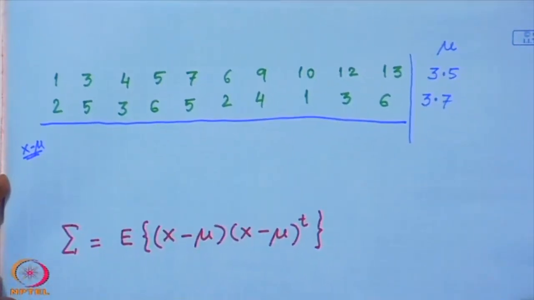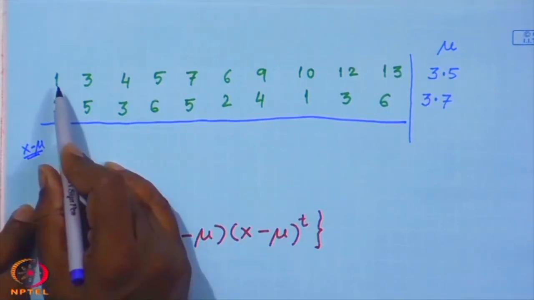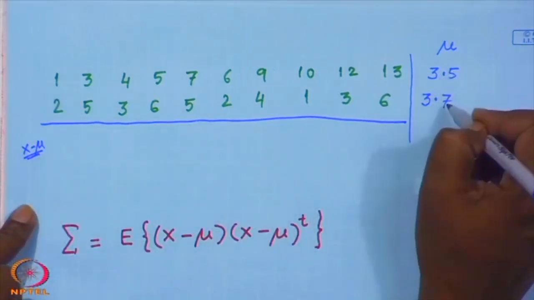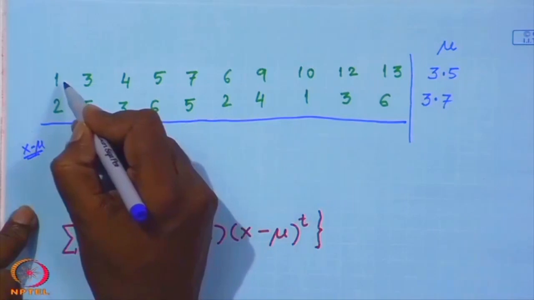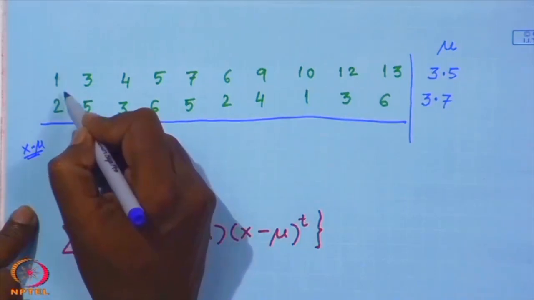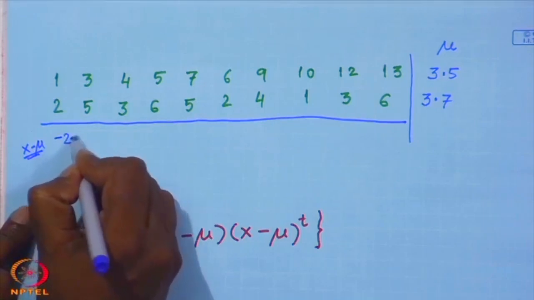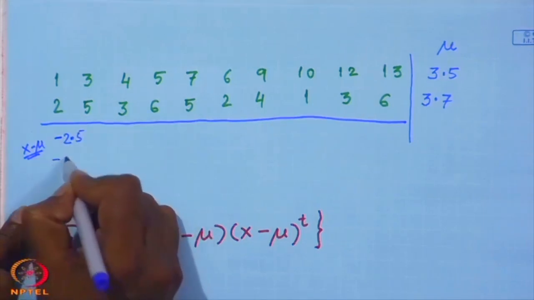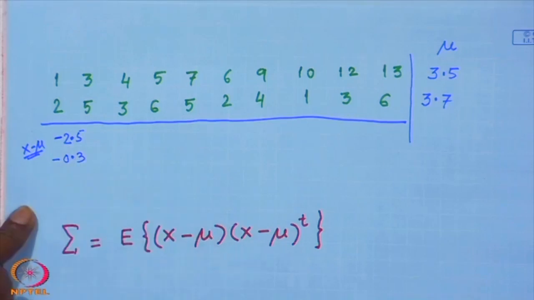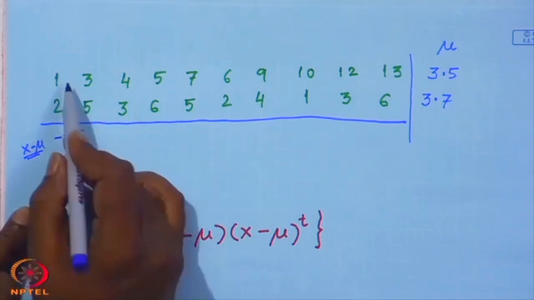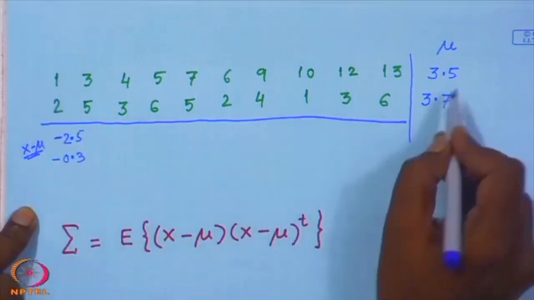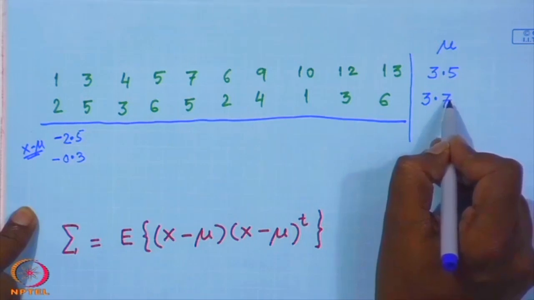So, here you find that when I subtract this mean vector mu from the first feature vector which is (1, 2), this will simply be (minus 2.5, minus 0.3). So, this is the first feature vector minus the mean vector.